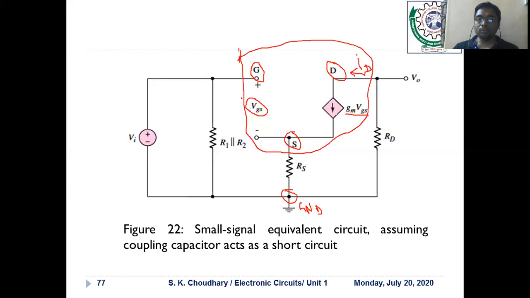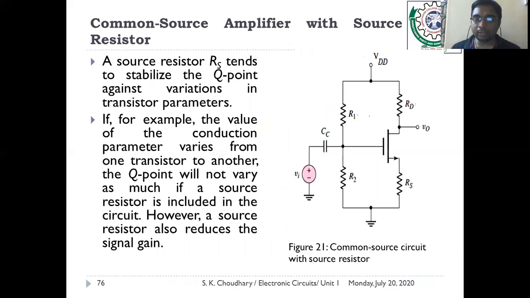Now, to draw the small signal equivalent circuit of this common source amplifier, we have to consider the amplifier components. What are the amplifier components here? First of all, in the circuit diagram shown in this slide, on the input side there are R1 and R2, both in parallel and connected to each other through the gate terminal.